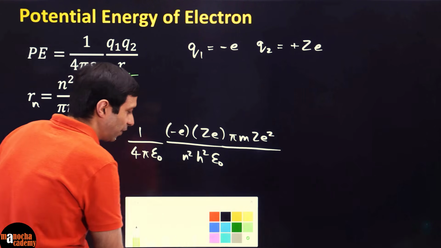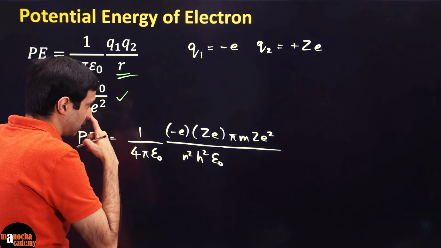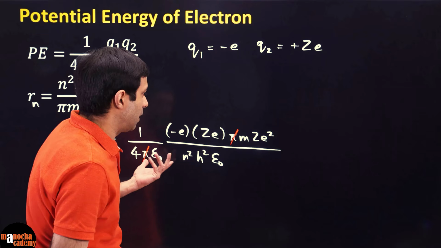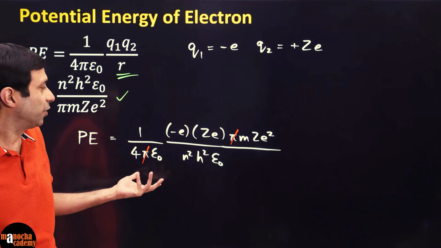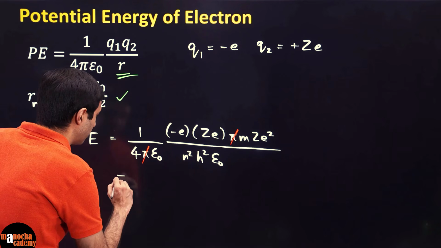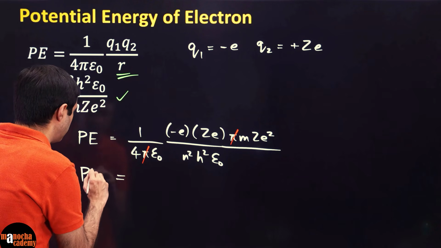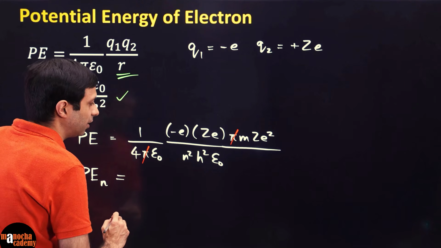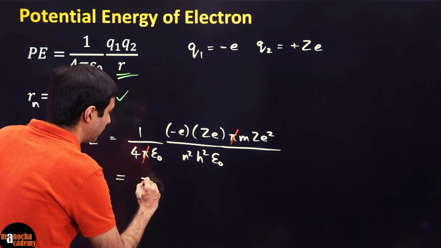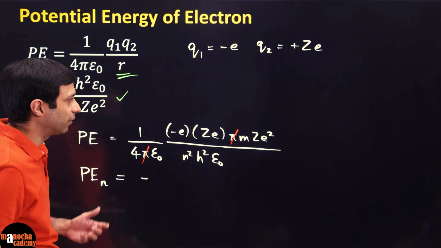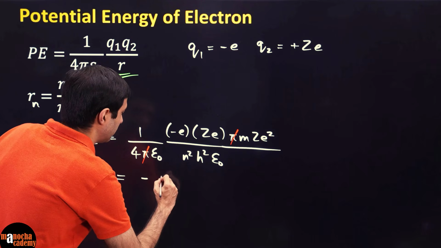So let's see if we can simplify some things here. You can see the pi and pi is going to get cancelled here. And I don't think there's much simplification we can do. So let's see what our final formula for potential energy in the nth shell works out to be. Potential energy in the nth shell is, there's a negative sign, minus. We'll talk about that, because why is the potential energy negative? I'm going to bring all these expressions here.